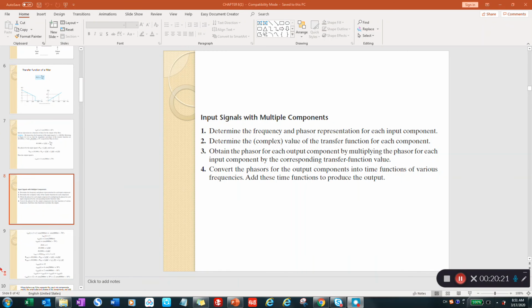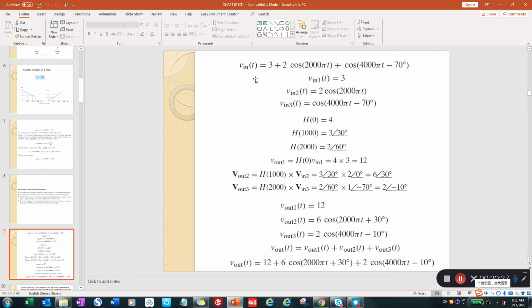Now let's look at an example. Here in this case, our input signal equals 3 plus 2 cosine 2000 pi t plus cosine 4000 pi t minus 70 degree. So our signal in fact includes 3 components: the first is 3, the second input component is 2 cosine 2000 pi t, and the third input component is cosine 4000 pi t minus 70 degree.